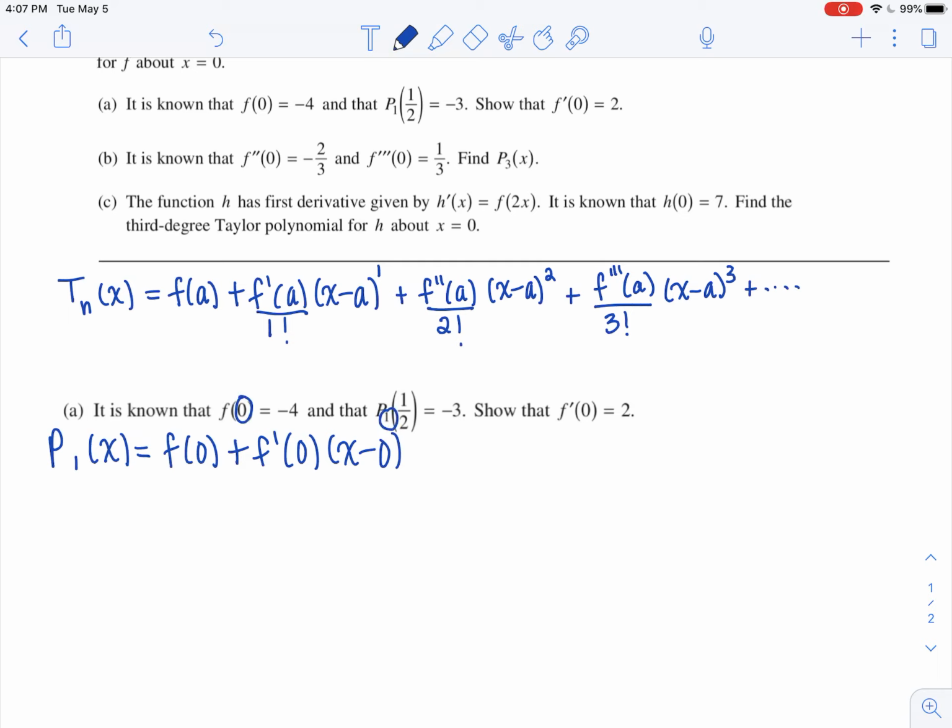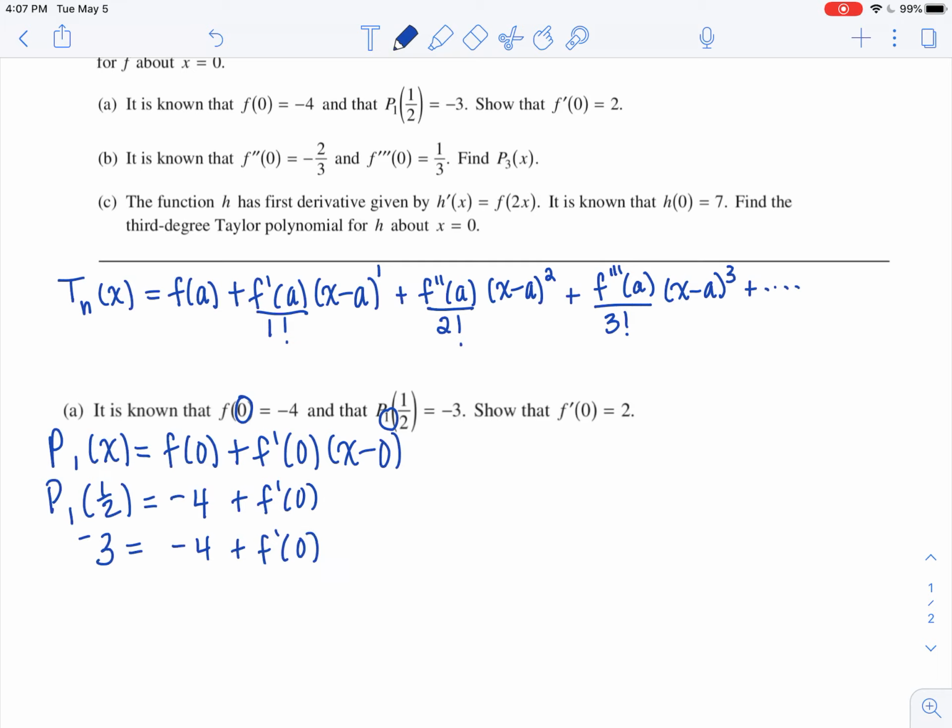Okay, so if I take the information that's provided and I plug in, we know that p sub 1 of 1/2 has a value of -3. So I can make my left side -3. F of 0 is equal to -4, so I'll bring that down. F prime of 0 is what we're actually looking to calculate, so I'm going to leave that as f prime of 0.